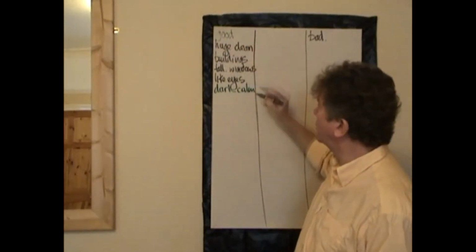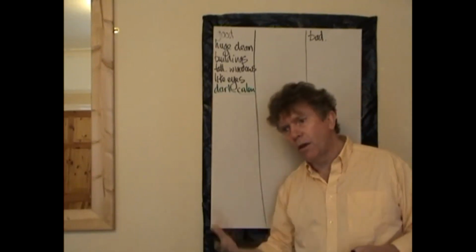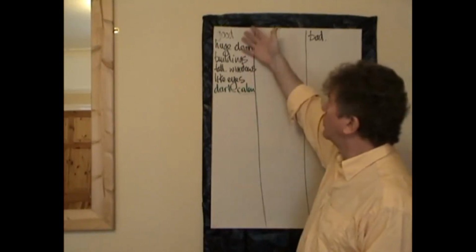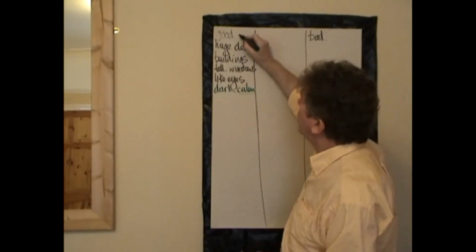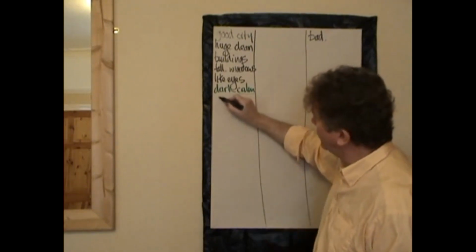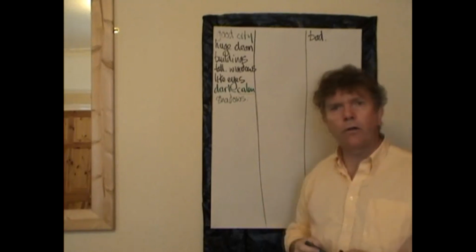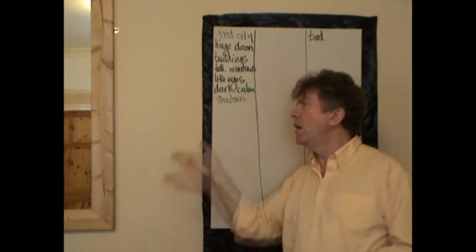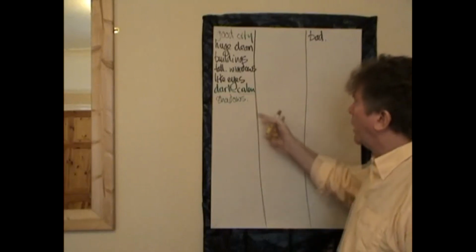Remember, it's a good place, so we need to think of ways of describing this place with positive adjectives. So a good city: it's huge, it's clean, the buildings are tall, the windows are like eyes, there are dark, calm shadows. For those children who say, I don't know how to write dark or calm, you say that it's in green.